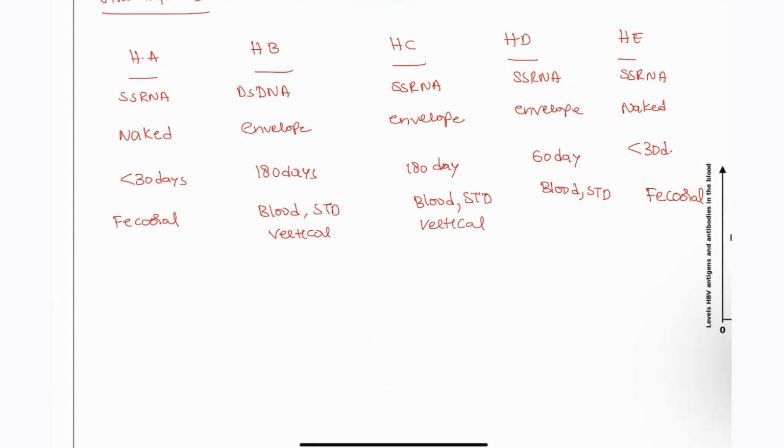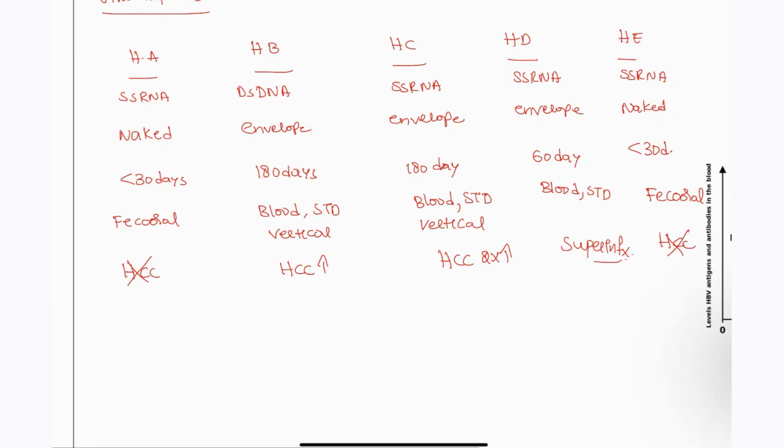Next, coming to cancer, hepatocellular carcinoma is not seen in A and E. Hepatocellular carcinoma is associated here with B, and hepatocellular carcinoma is 2 times associated in hepatitis C, and here D is associated with super infection. One or the other, hepatitis B or C, will be associated.